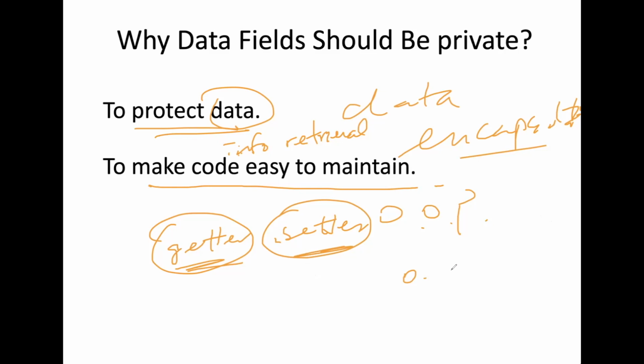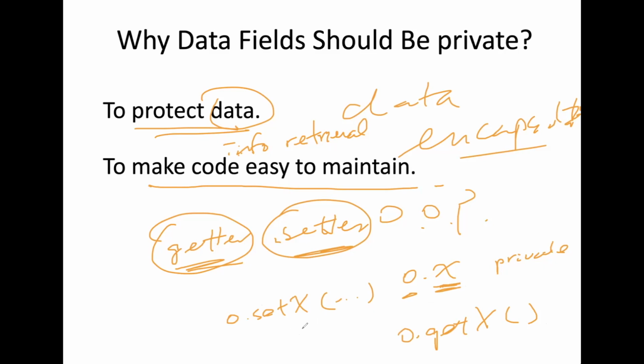Instead of doing o.x, assuming o is the instance of some class and x is its private data member, you will invoke its accessor methods like o.getX to read your private data, or o.setX to set its data by whatever value you have.